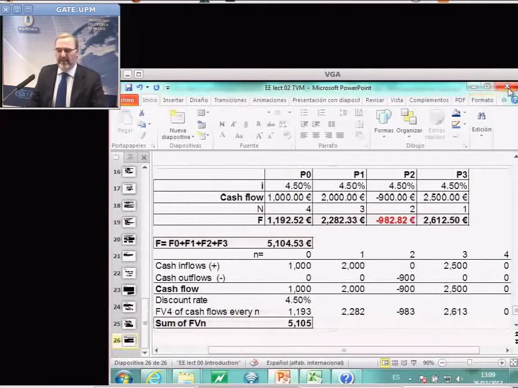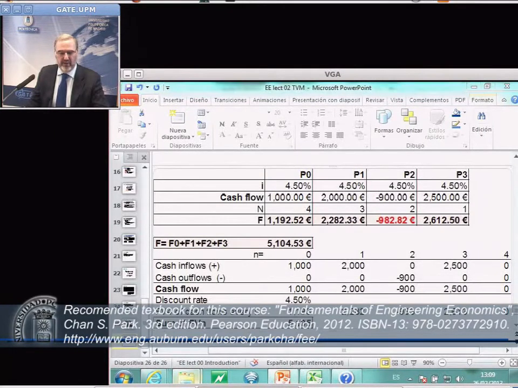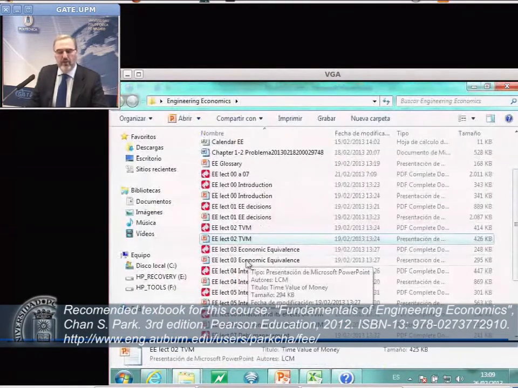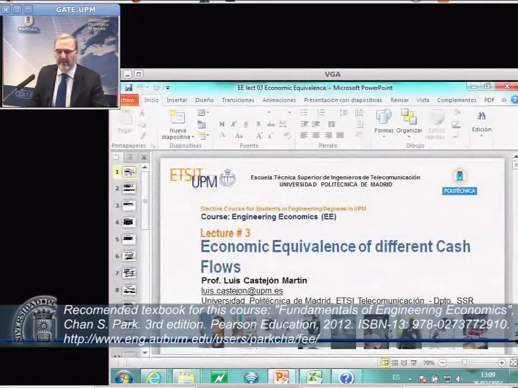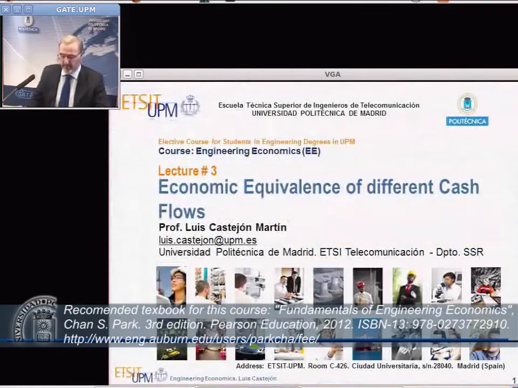So we are going to start lecture number 3, economic equivalence. It's quite simple. Not simple, but it's important, and we will understand it quite quickly.